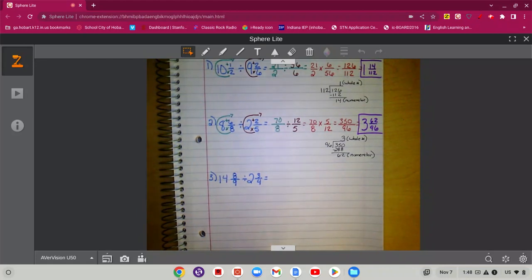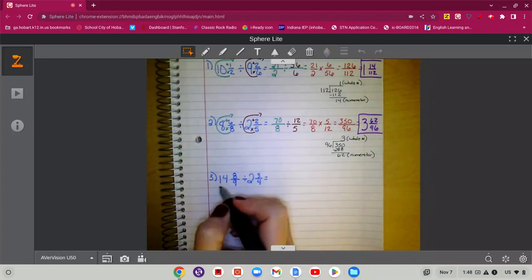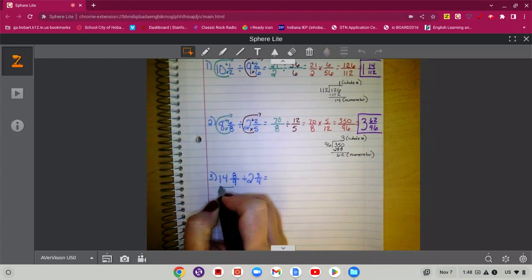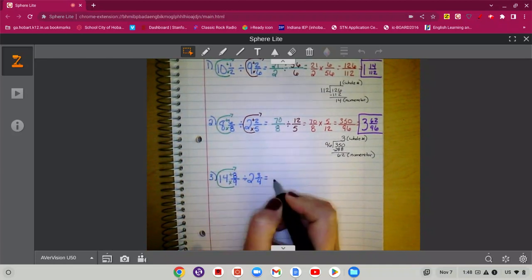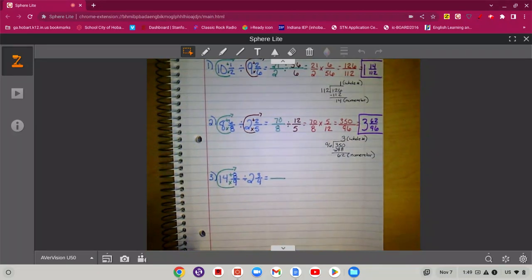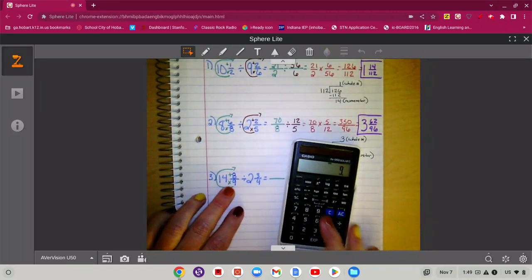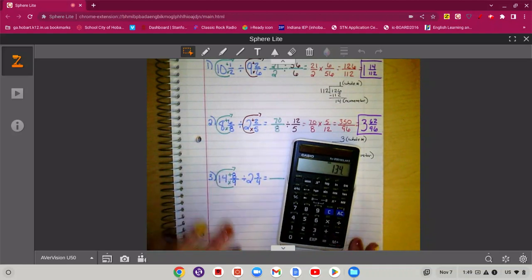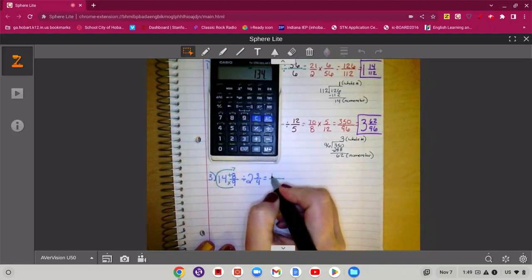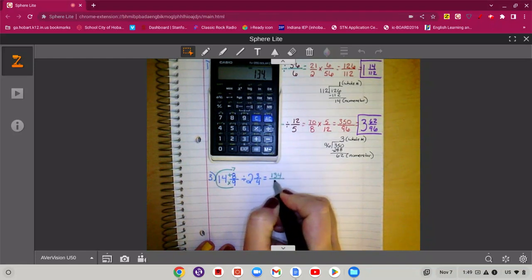So first we have to change all mixed numbers to improper fractions. So starting at our denominator, we're going to multiply and add. So I need to take 9 times 14 plus 8 to get 134. Denominator stays the same.